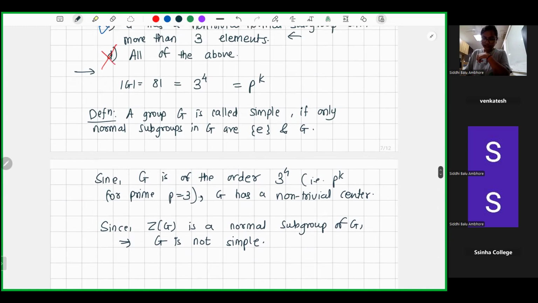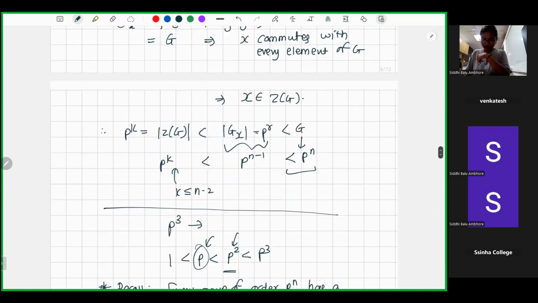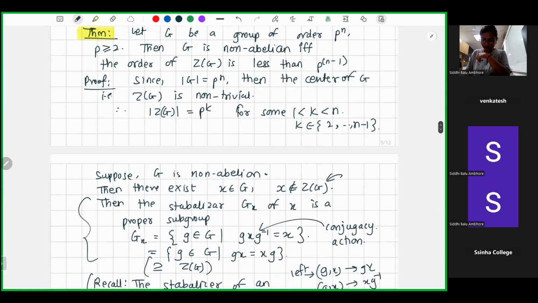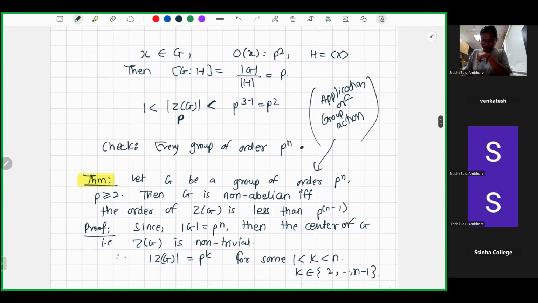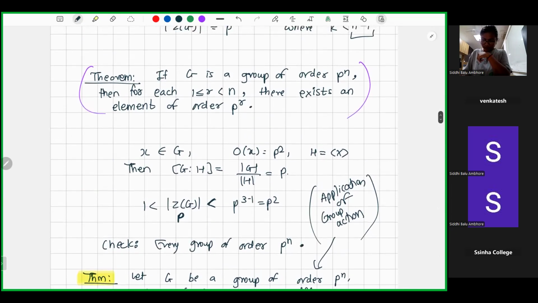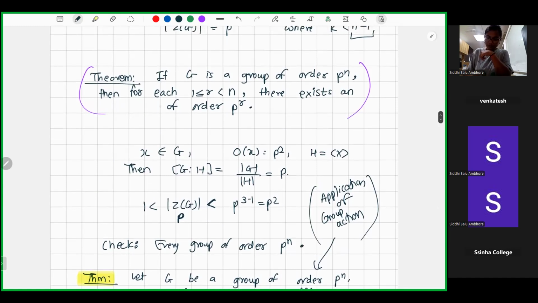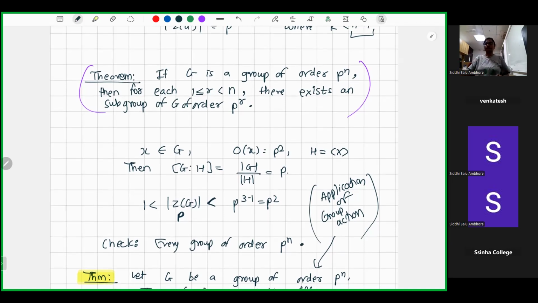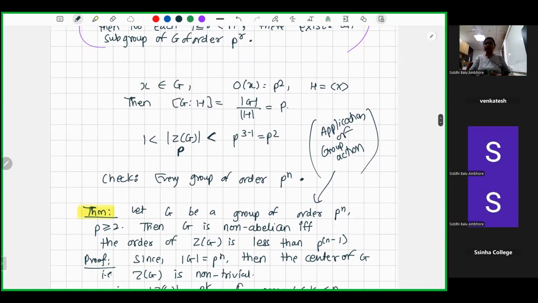There exists a subgroup of G of order p power r. Okay, and that was giving me this existence.